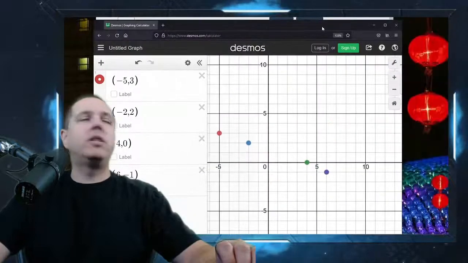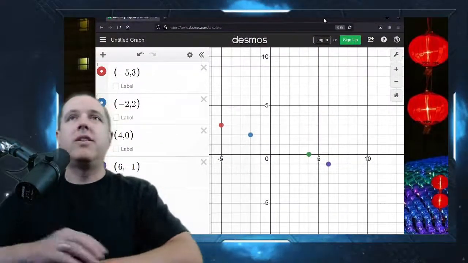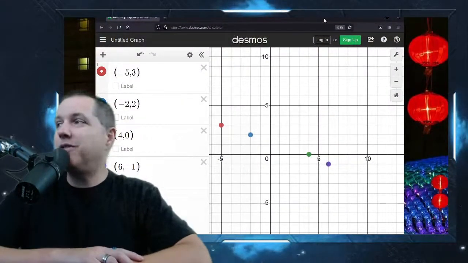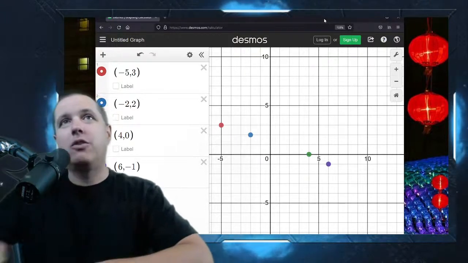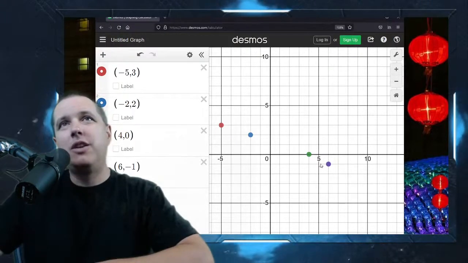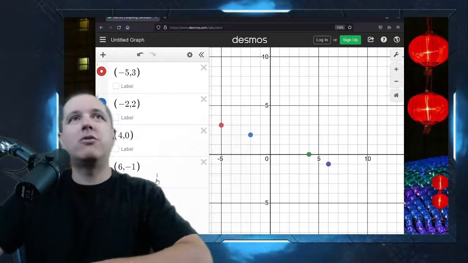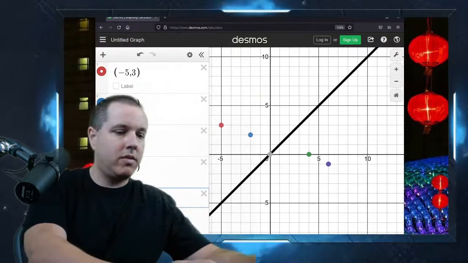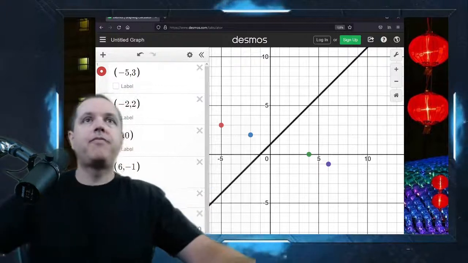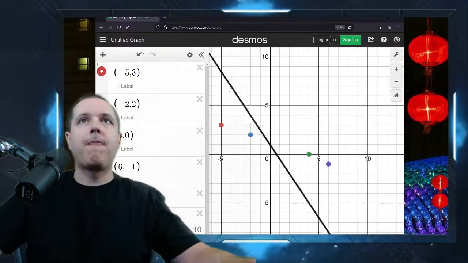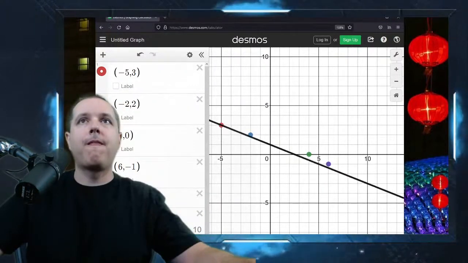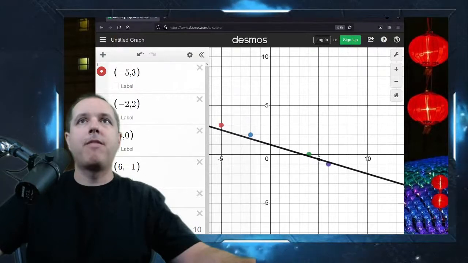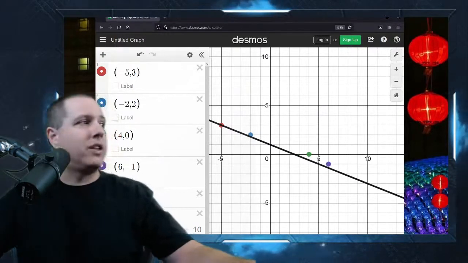Now I've plotted the points from B. Now these almost, if you're not careful, you could almost convince yourself there's a line that goes through there. But if you're careful, these look like they are not in a straight line, right? So let's see. Yeah, you try to fit a line there.